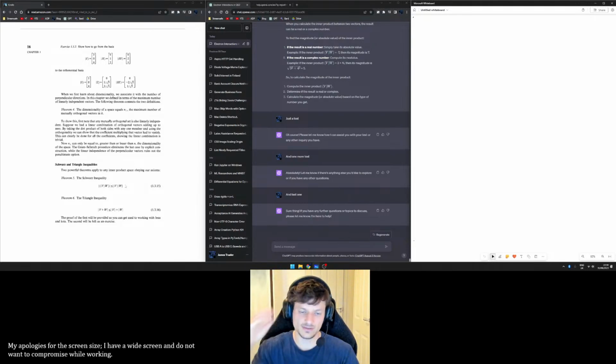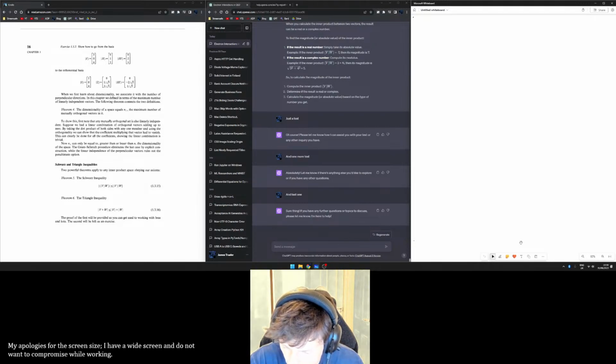Let's imagine that you had v equals (2, 3) and w equals (1, 1). Then the Schwartz inequality says that the magnitude of the inner product is always less than or equal to the multiplication of the separate magnitudes.